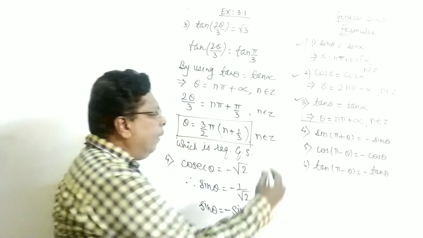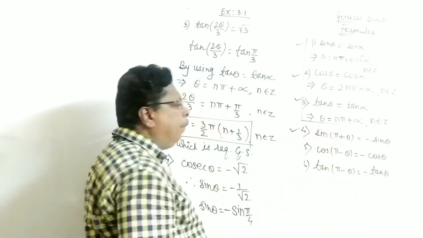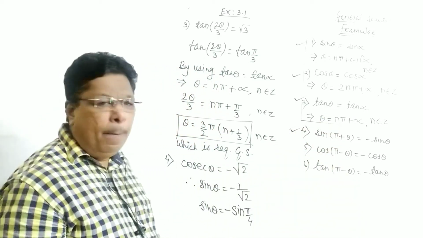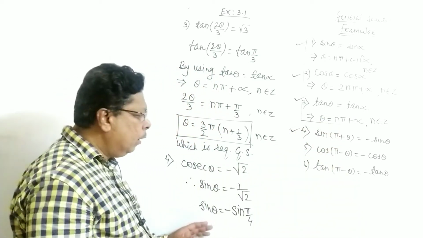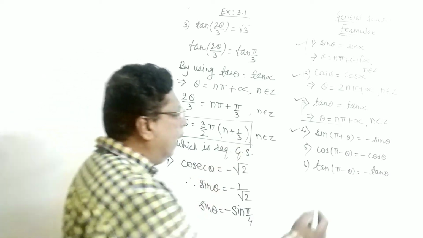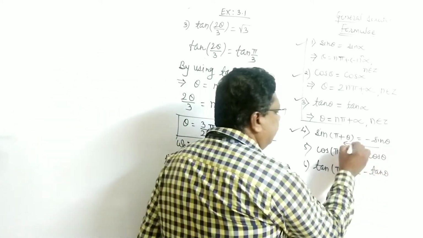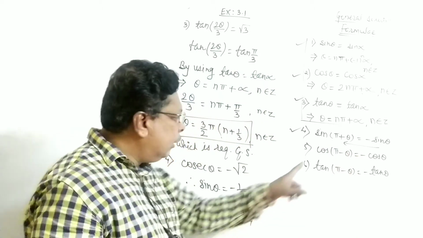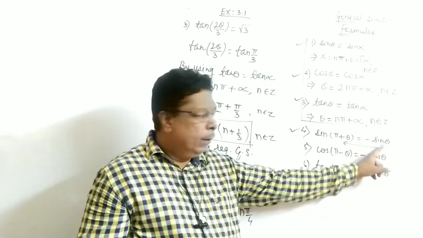And then use the formula: sin of pi plus theta is equal to minus sin theta. We can use this formula in the reverse order. In this case, theta is equal to pi by 4.